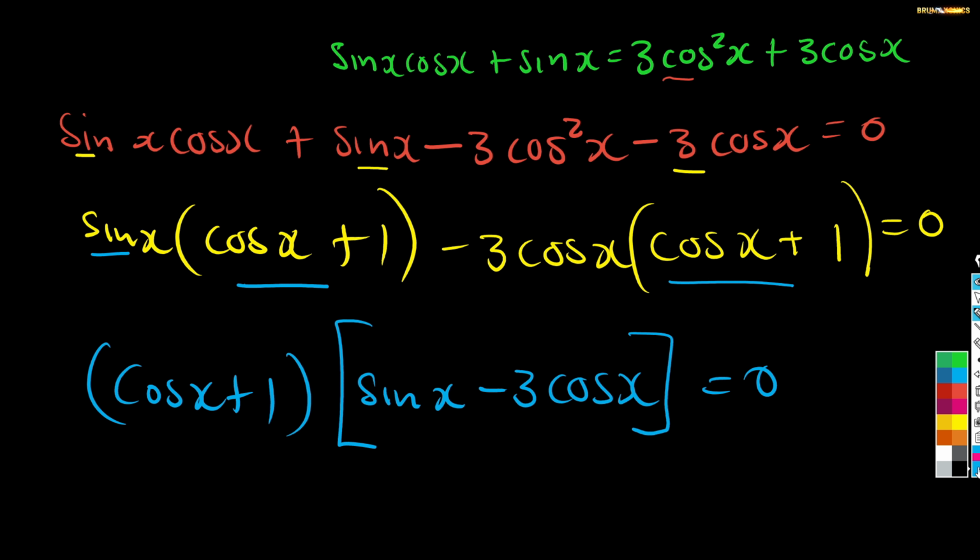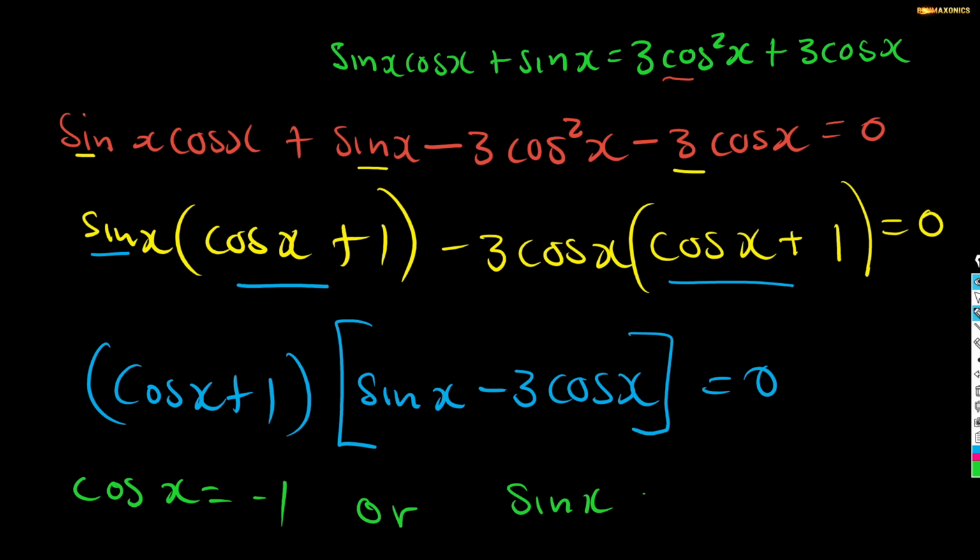And then with that, it means that I can say cos x is equal to negative 1, right? Or the sine of x is equal to 3 cos x. And we are not looking for something like this.